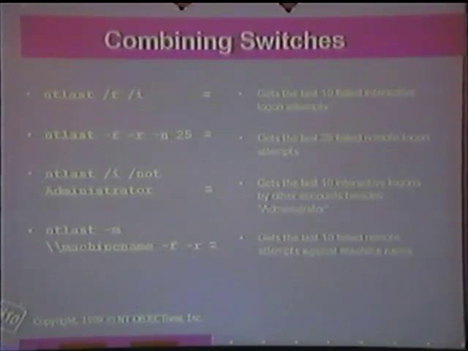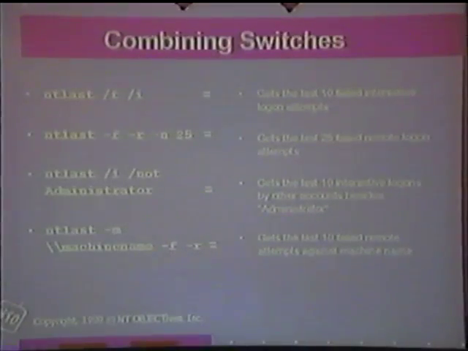NTLast -F -R -N25 grabs the last failed remote logons, telling you how many people tried to connect from some other machine to yours. The third one, NTLast -I -not administrator, shows you the last 10 interactive logons besides administrator. You could substitute administrator with any user, whoever you want to exclude from your list.